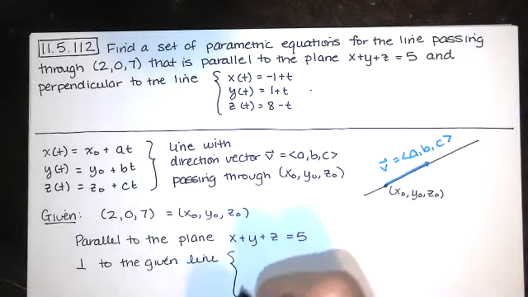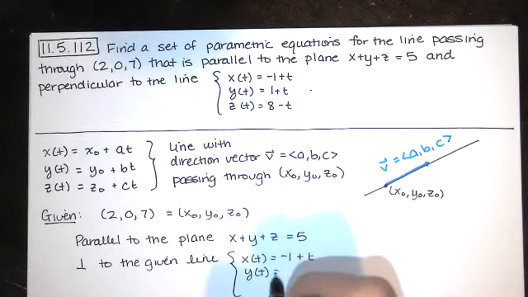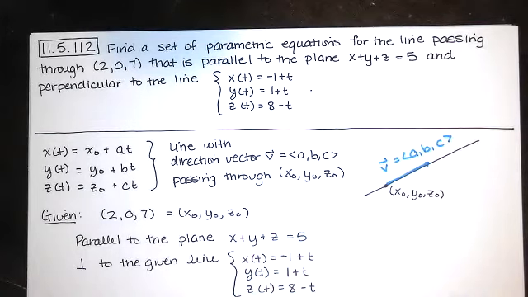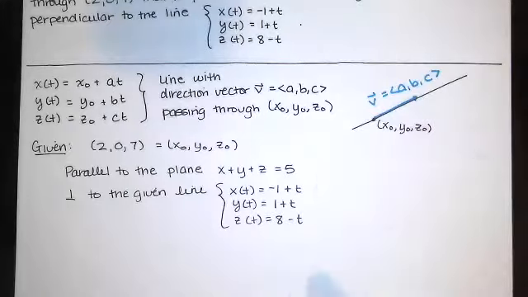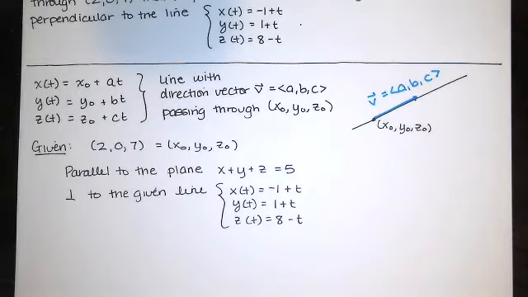And that given line has these parametric equations. So they didn't give us a direction vector, but they did give us these two pieces, and this should be enough to allow us to find a direction vector.